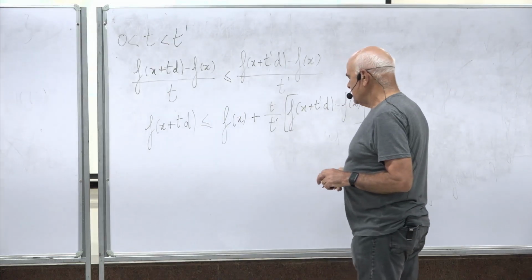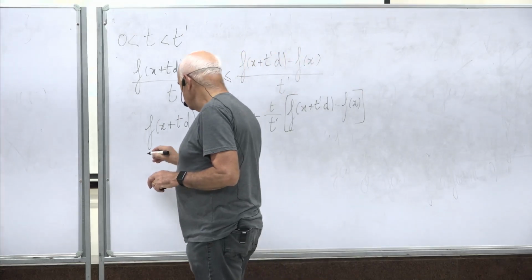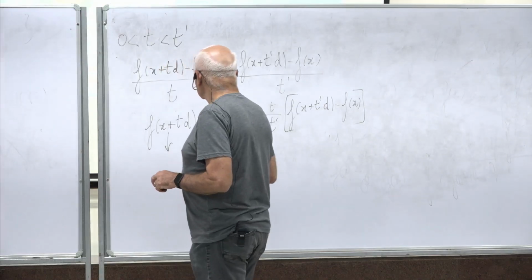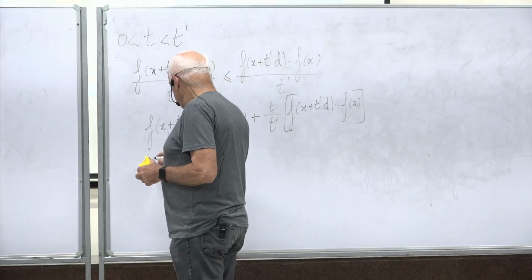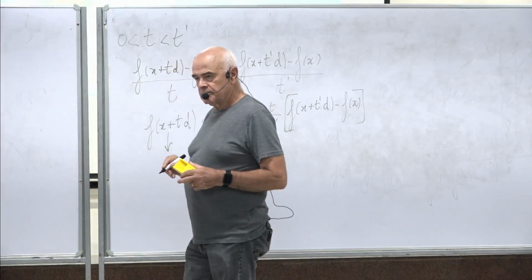And so x plus td is a convex combination of x and x plus t prime d.